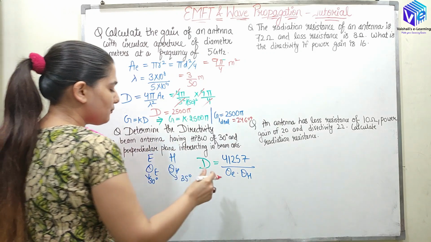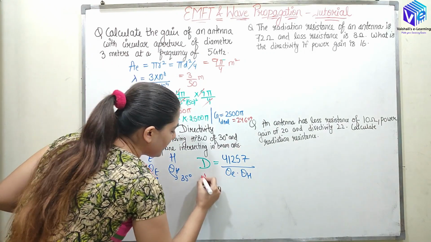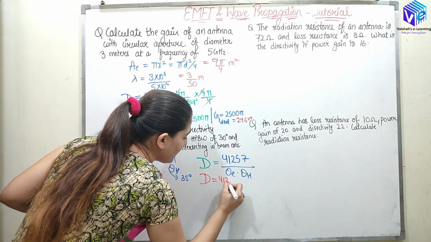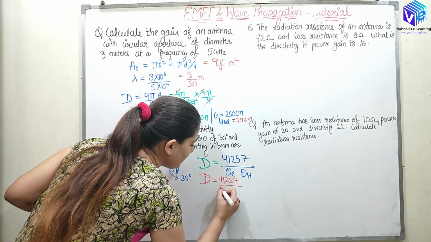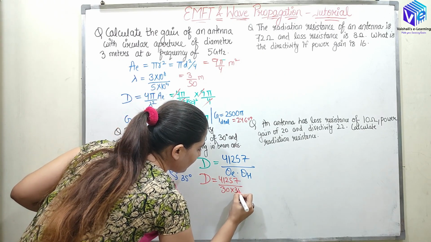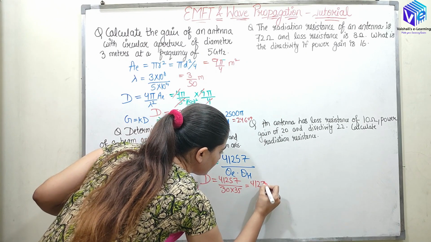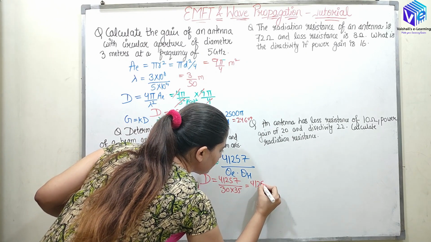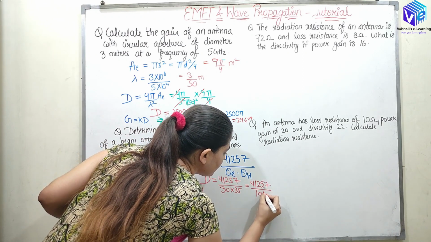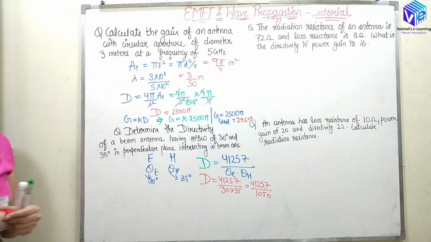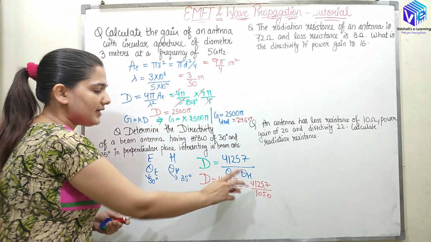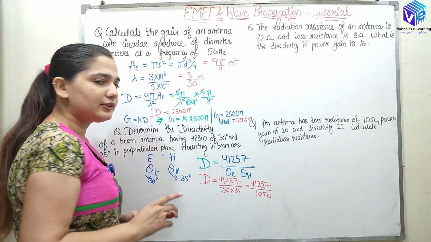Now what do I need to put? I need to put the value of theta E and theta H. So 41257 upon 30 into 35, which will be equal to 41257 upon 1050. I guess it is the same answer you are getting. So now you can find out the directivity.